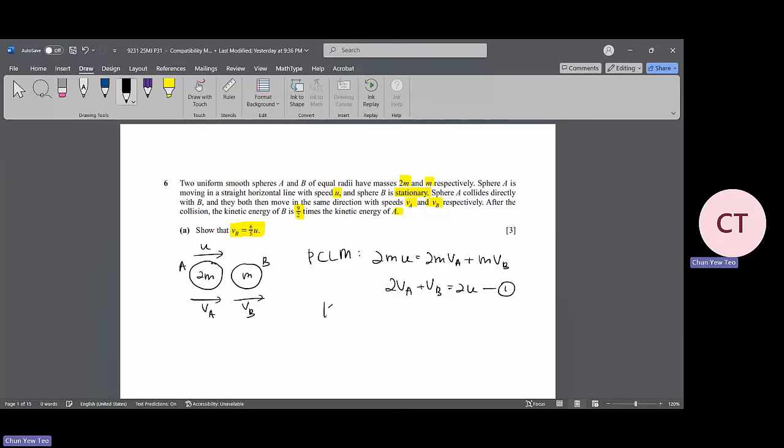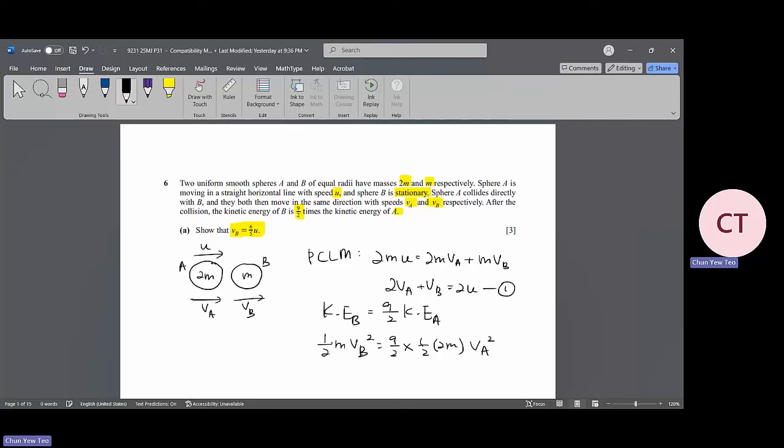So we know that the KE of B is actually 9 over 2 times the KE of A after the collision. That means half m VB squared is equal to 9 over 2 multiplied by half 2m VA squared.